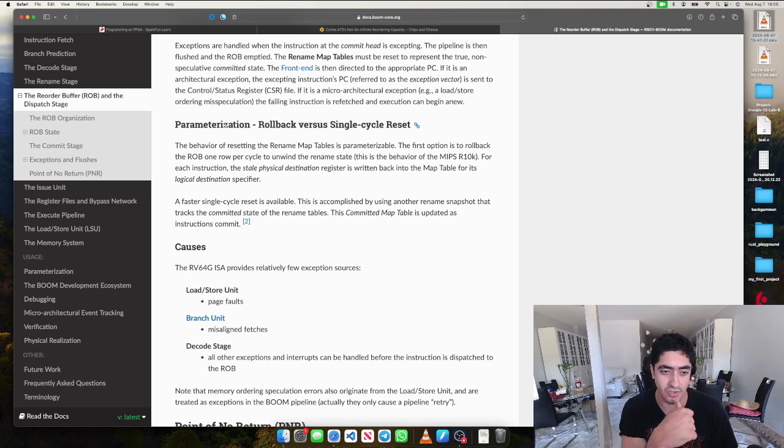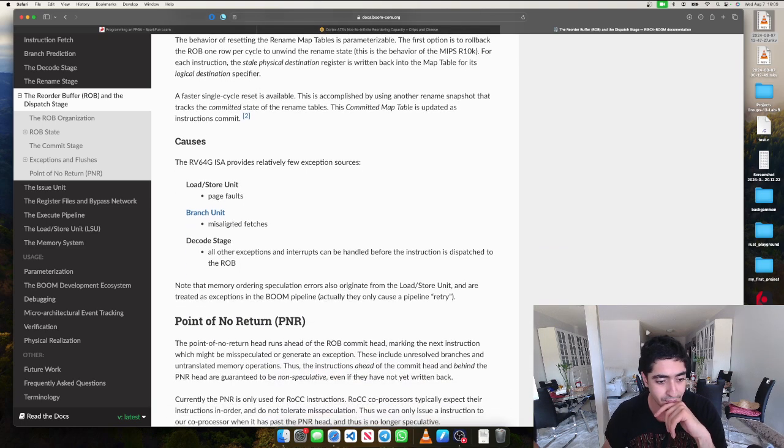For each instruction, the stale physical destination register is written back into the map table for its logical destination specifier. A faster single cycle reset is available. This is accomplished by using another rename snapshot that tracks the committed state of the rename tables. This committed map table is updated as instructions commit.